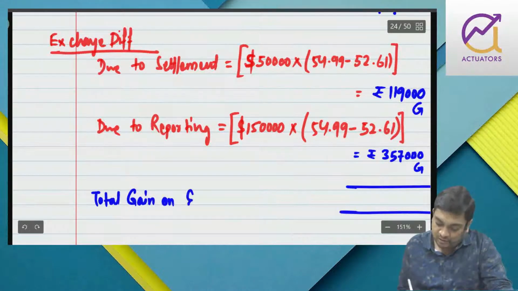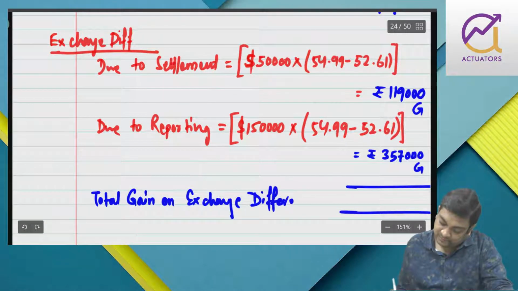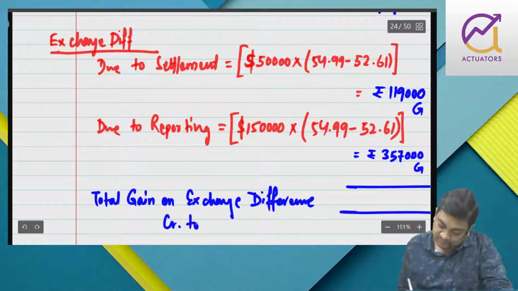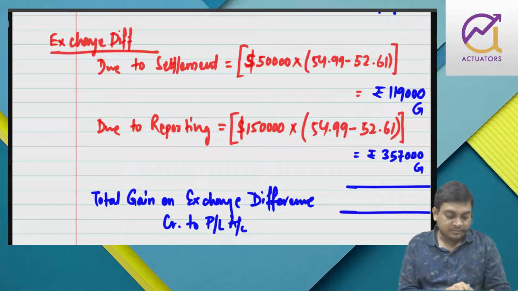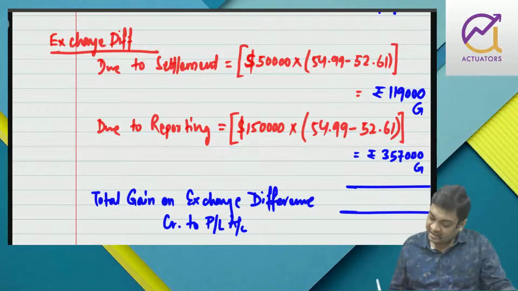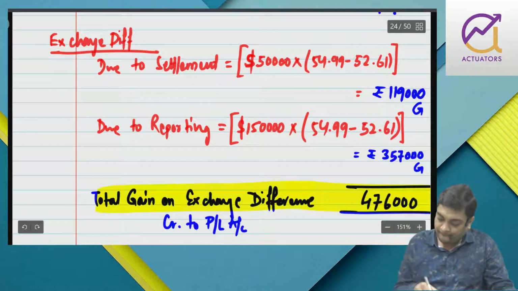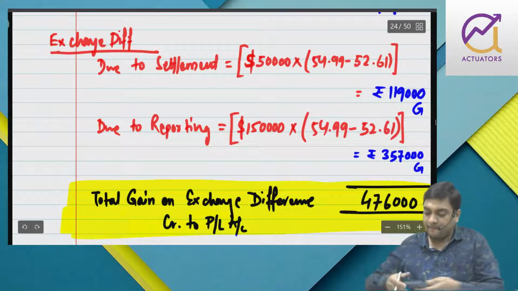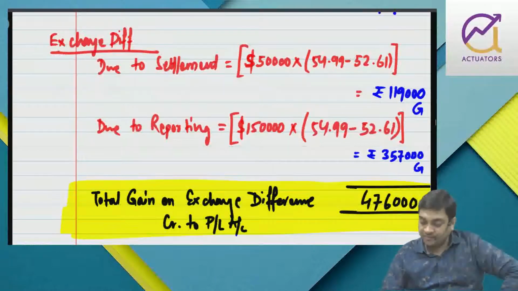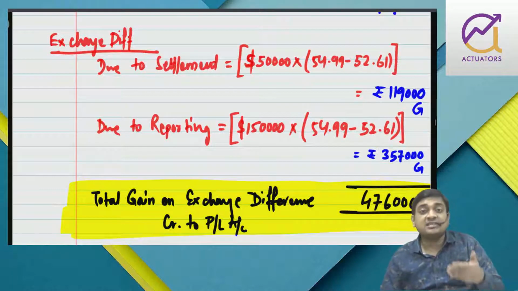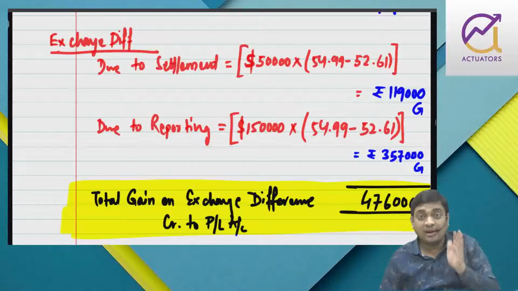So total gain on $4,76,000. Right? So settlement is also revalued at 52.61, and reporting will also be revalued. So it's a beneficial situation for us because the dollar rate has decreased.